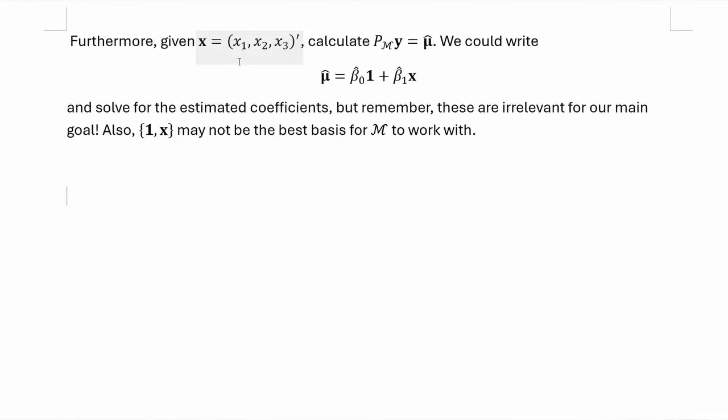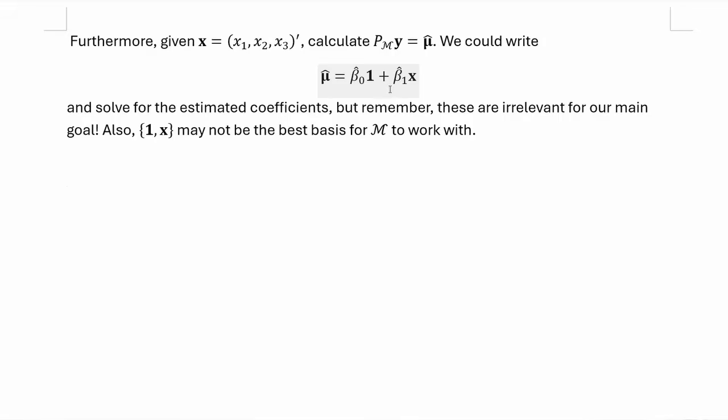And now, given x equals (x1, x2, x3)', we wish to calculate the fitted value of the response, mu hat, which is also P_M y. We could write mu hat as a basis expansion relative to the basis 1 and x, and then solve for beta 1 hat and beta 0 hat. But remember, these coefficients are irrelevant to our main goal.